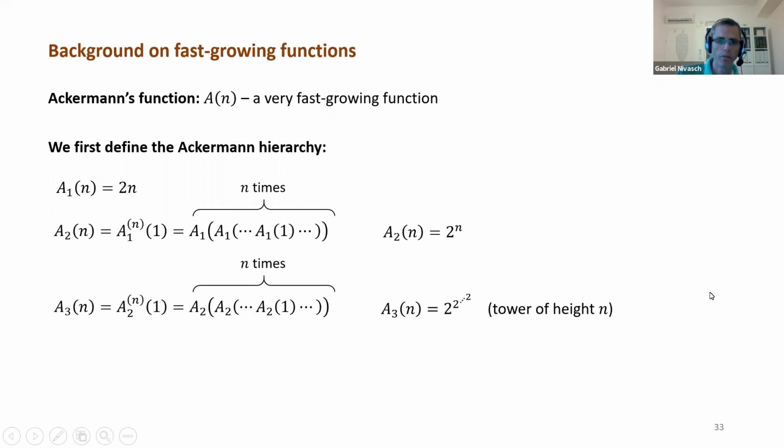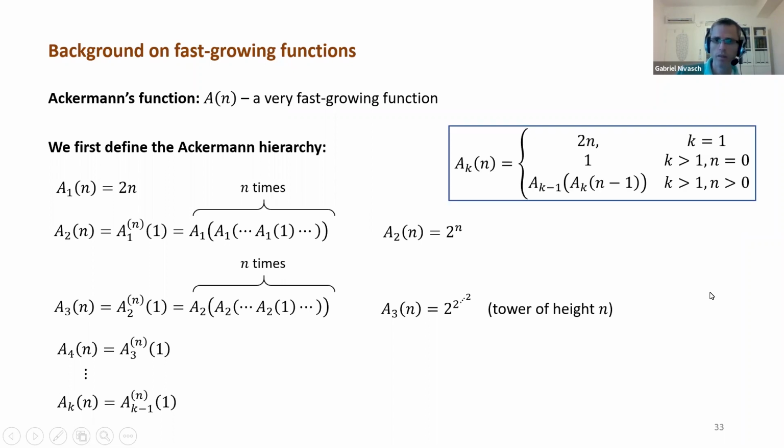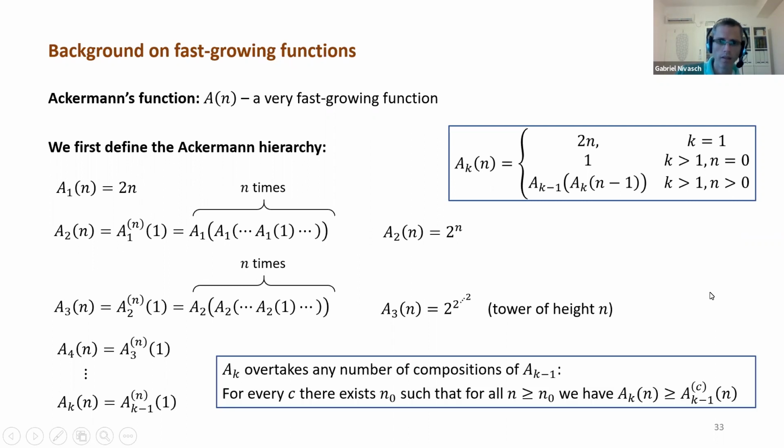It's a very fast-growing function, but you can keep going more and more. A4 of n is applying n times A3 of n, and so on. And in general, you get this recurrence relation. And AK grows faster than any number of compositions of AK minus 1. So AK minus 1 is a very fast-growing function, and if you compose it with itself C times, it's even faster growing.